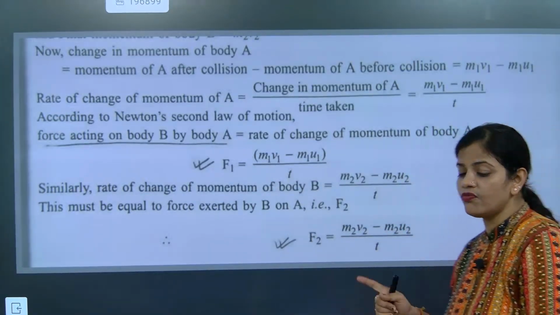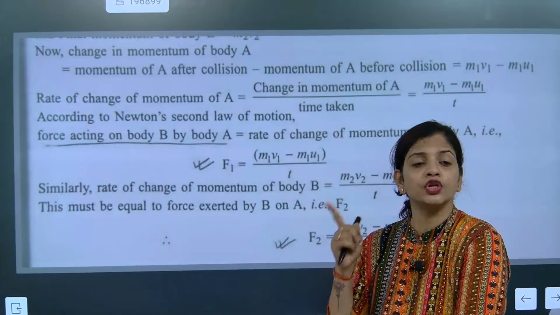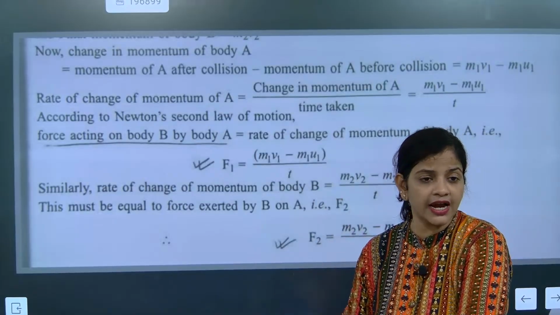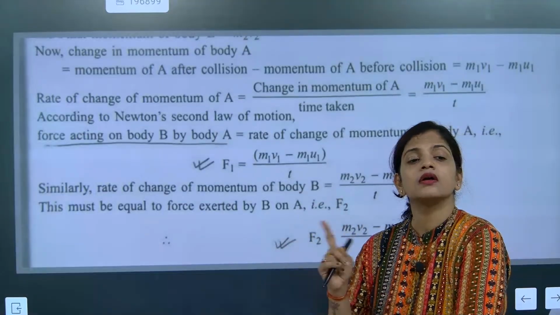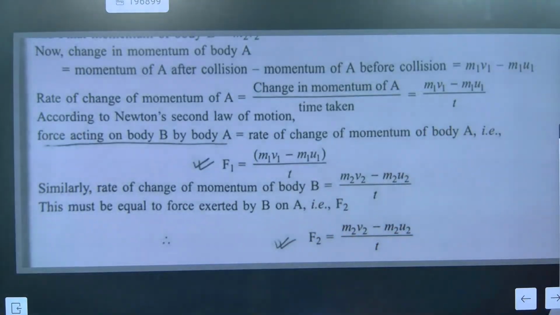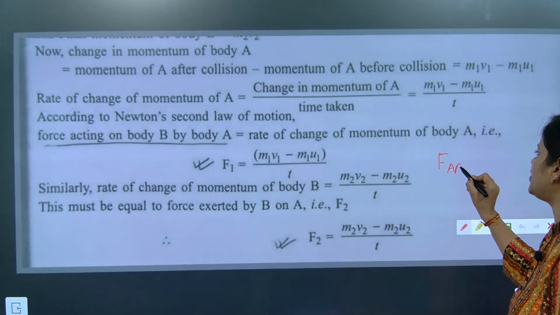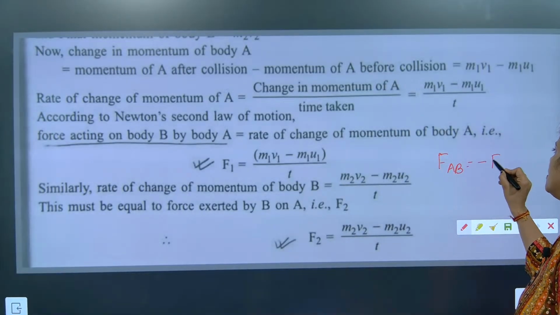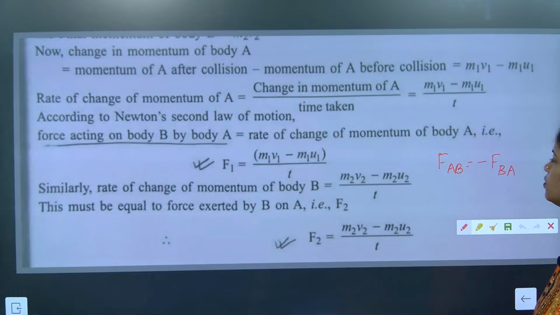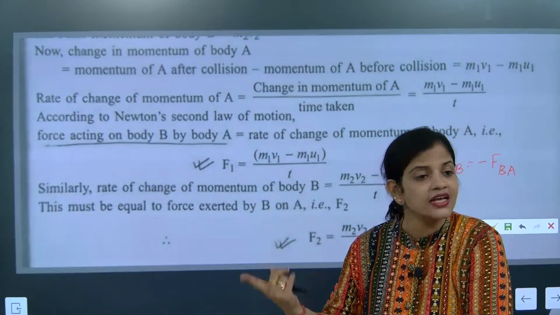But we know one very important point: Newton's third law says there is an equal and opposite reaction. The force given by body A to B will be exactly that of B to A. One has lost, another one has gained.